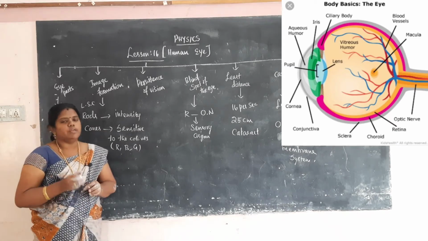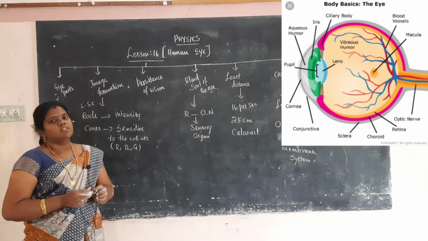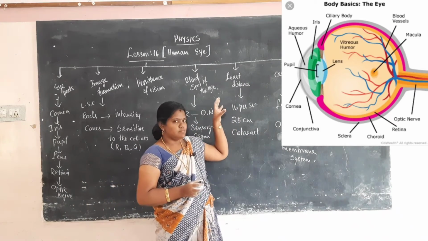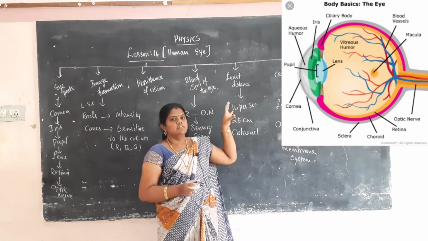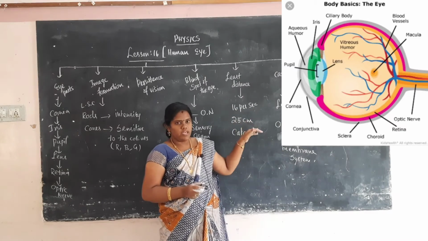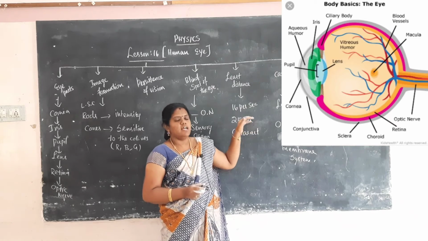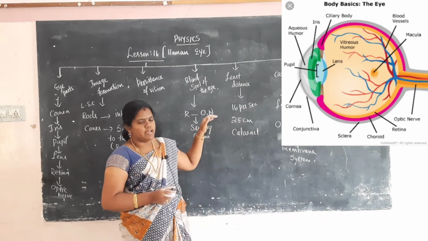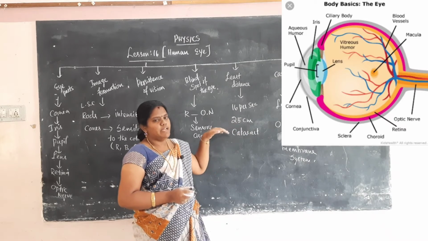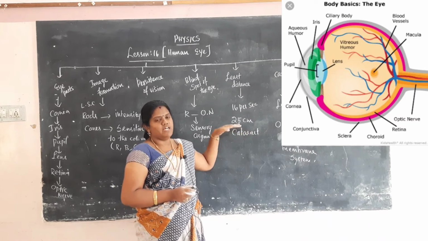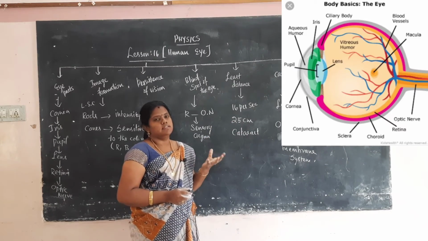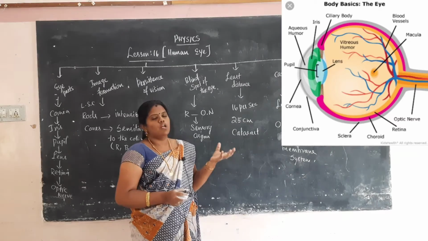And then, how is the image formed in the eye? First, light falls on the cornea and enters. The iris adjusts the amount of light entering the eye, and the light enters through the pupil and falls on the lens.